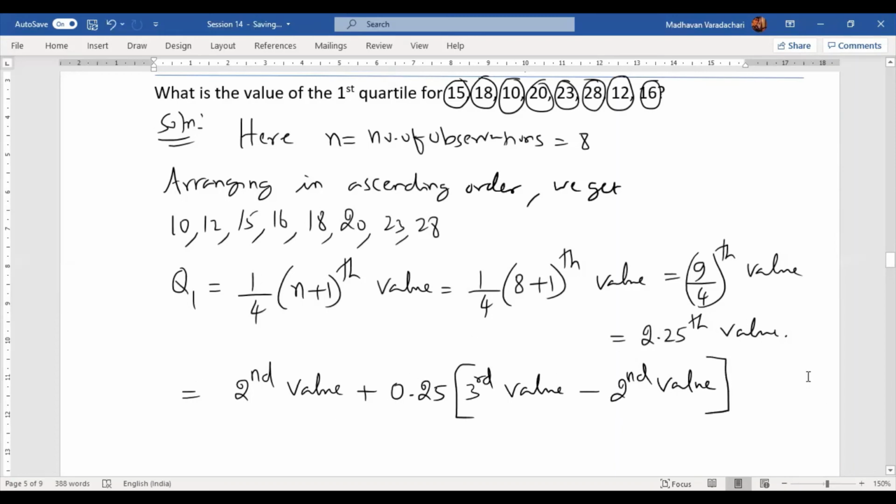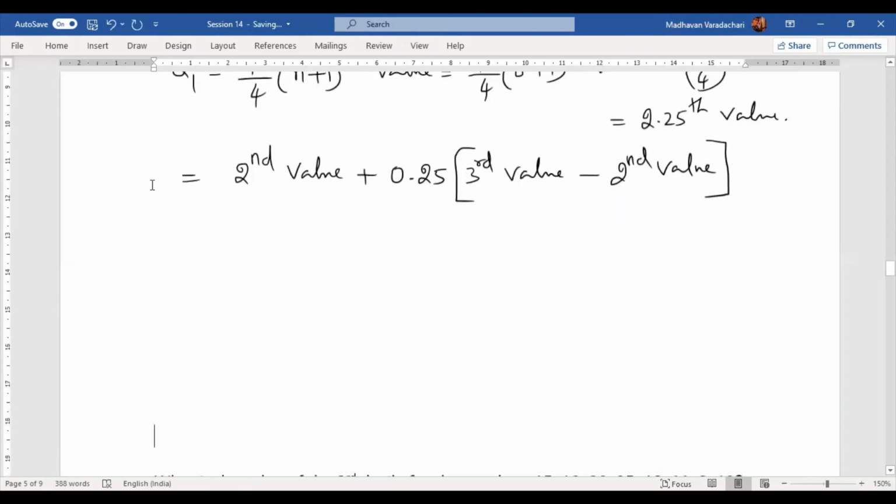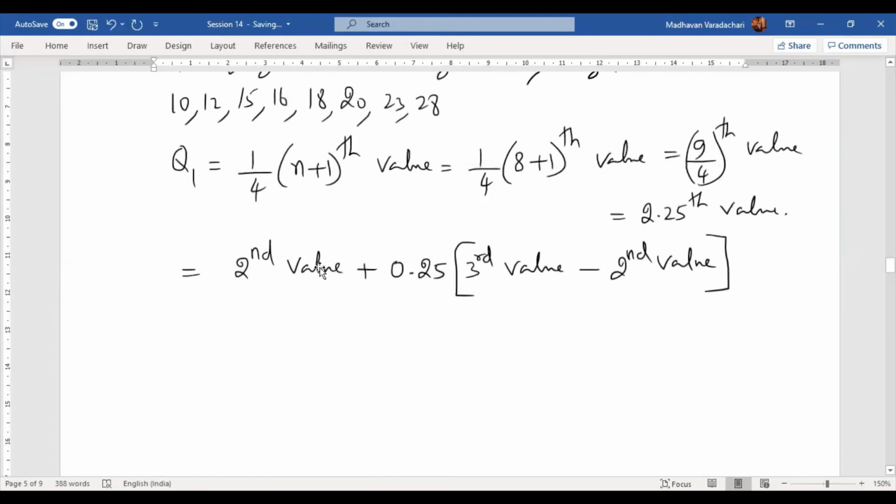That is quartile 1 that is required. Whatever value we write here, if you wrote second, then the next has to be written here. Suppose this is the 7th value, then here you will have the 8th value. Here it is second value, so here you write third value, minus second value. What is the second value after arranging in order? It is 12.